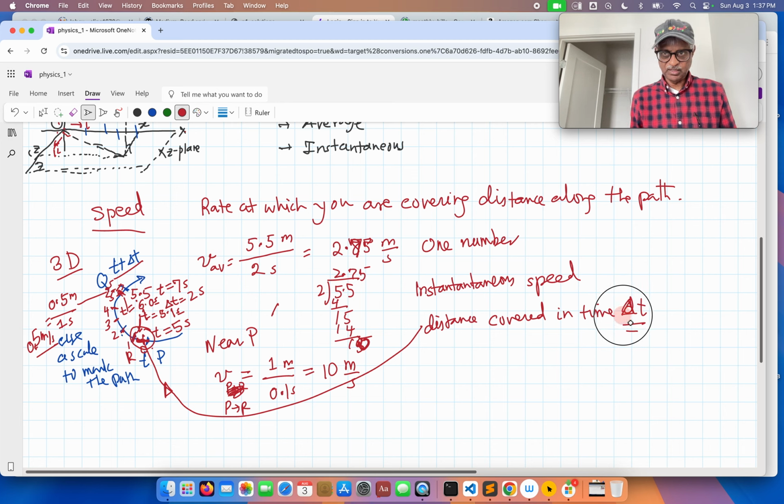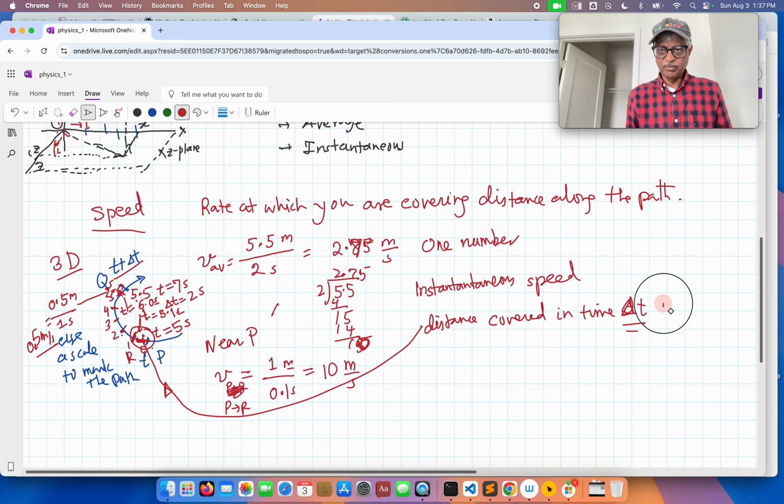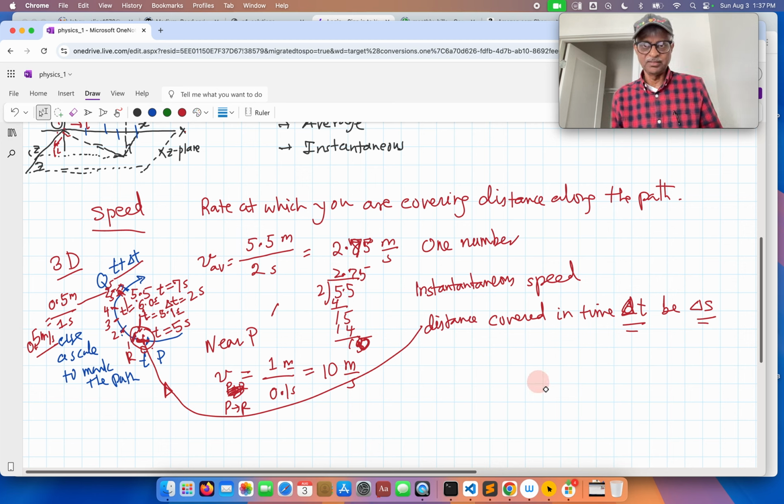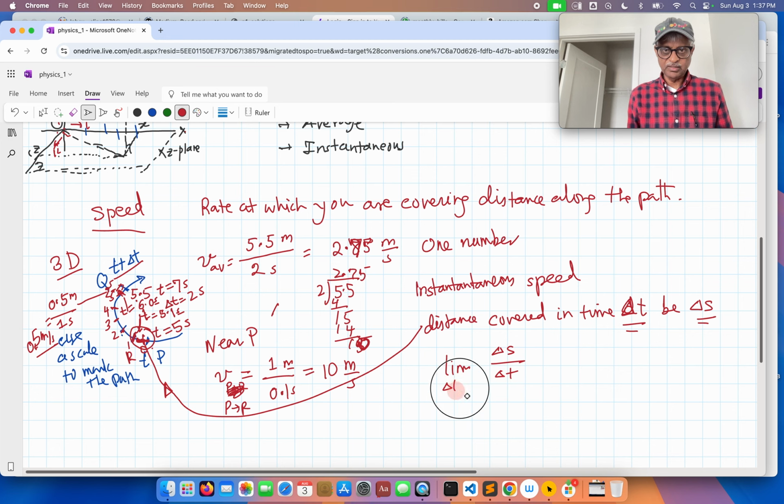I'm going to use the new symbol s, delta s. Then I can say take a limit as delta t goes to 0. So this will be a calculus concept.